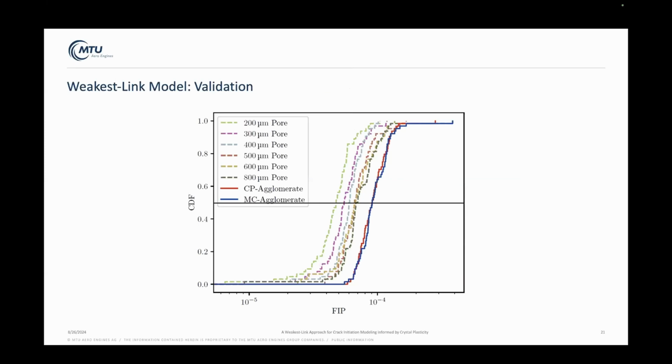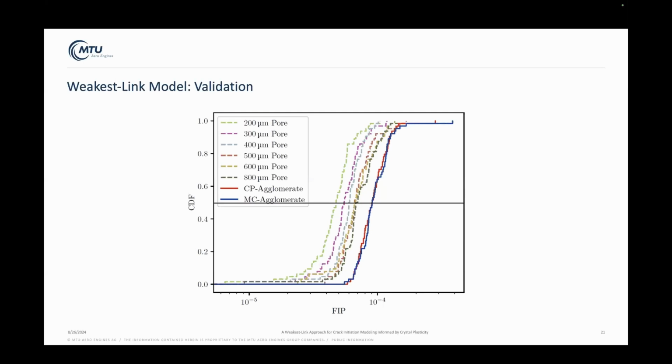The first thing we're seeing when we look only at the median, so basically the intersect of those points here, is that, as expected, the larger single pores have a higher expected median damage value. Another very important thing, though, is that the agglomerate shows a higher damage value than the largest single pore here.